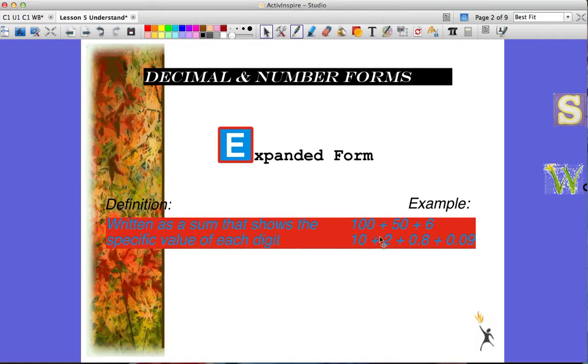So for that 156, we would change that to 100 plus 50 plus 6, because when you put all that together, you get 156. And for the 12 and 89 hundredths, we would change that to 10 plus 2 plus 8 tenths plus 9 hundredths. Make sure that you're writing both of these examples down, so that way you have not only a whole number example, but also a decimal example.